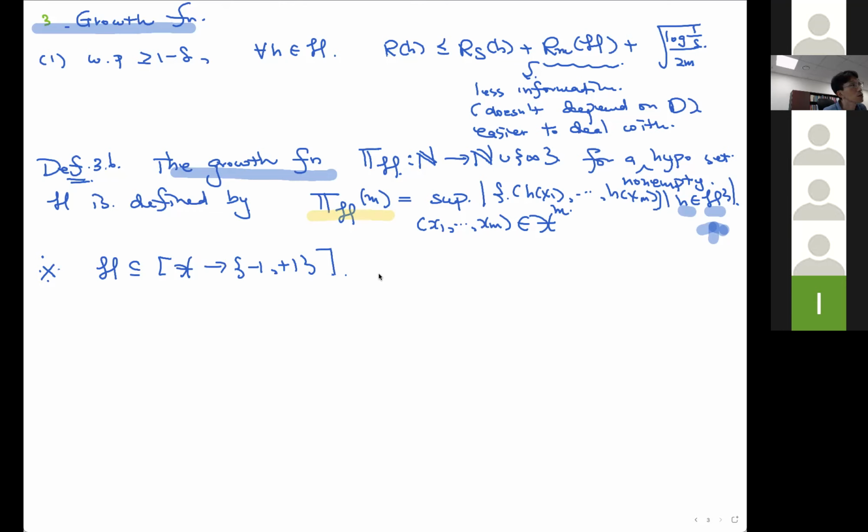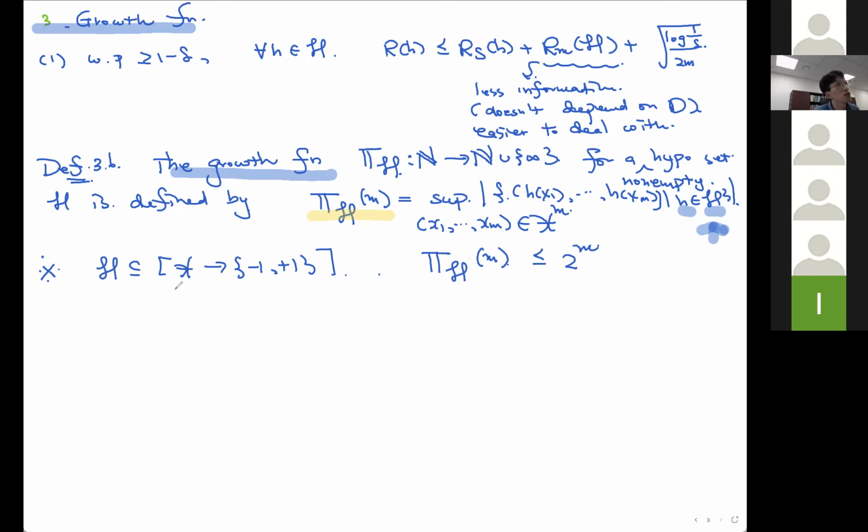Because each output is either -1 or +1, the maximum that we can achieve is bounded by 2 to the m. If we have m inputs, and for each we can have either -1 or +1, then if our hypothesis set is very rich, we will be able to produce all the possible -1 and +1 combinations. That's equal to 2 to the m. Otherwise, it's going to be smaller than 2 to the m, so 2 to the m is an upper bound in this setting.